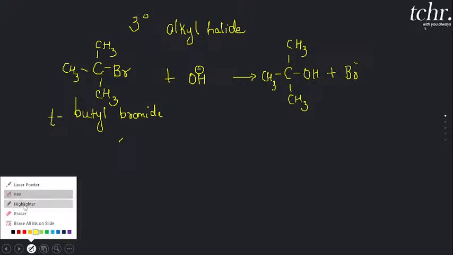As I told you, the SN1 mechanism involves two steps. Step 1, let me explain. Students, when you're writing in the exam also, first you write the overall equation, give some explanation and then write step 1. What is step 1? Step 1 is formation of carbocation.